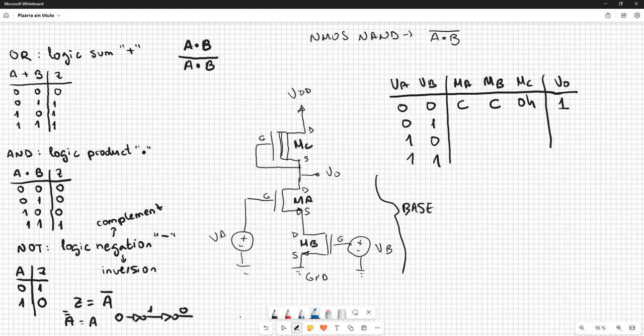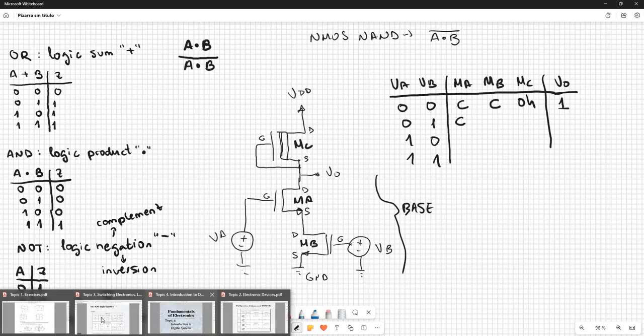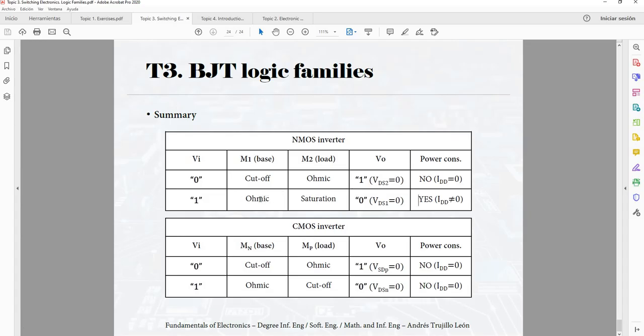So transistor A is in cutoff, and the other is going to be conducting, in ohmic, because in its gate it has a 1.